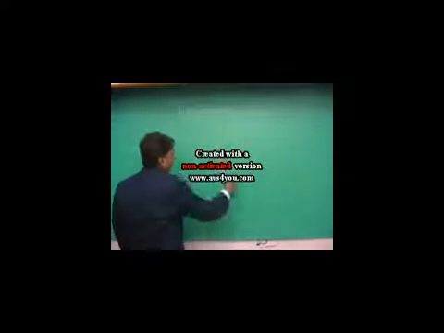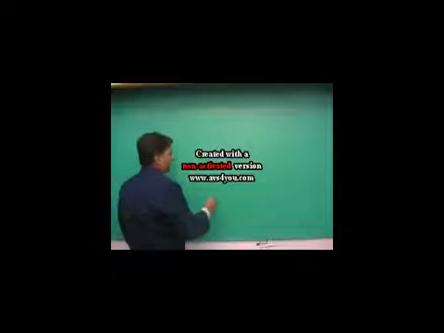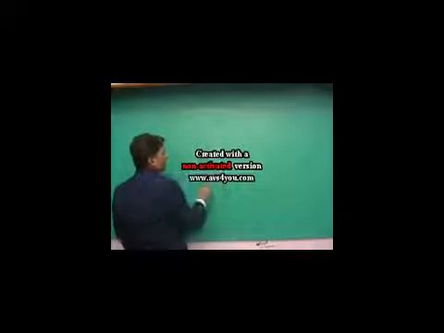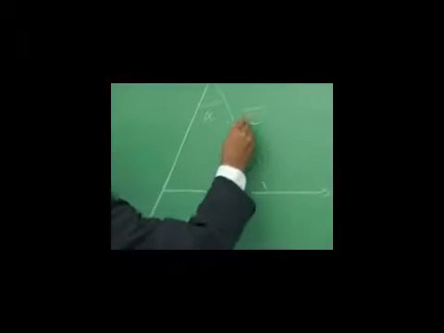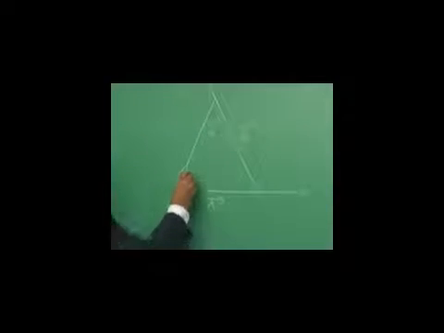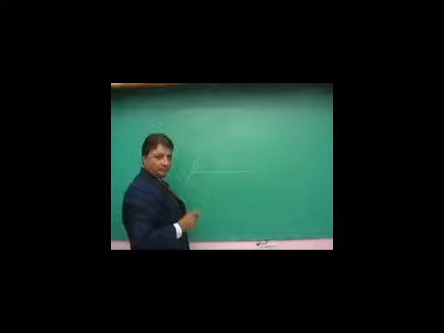If we have three vectors, vector A opposite to A places angle alpha, vector B opposite to B places angle beta, and vector C places angle gamma.